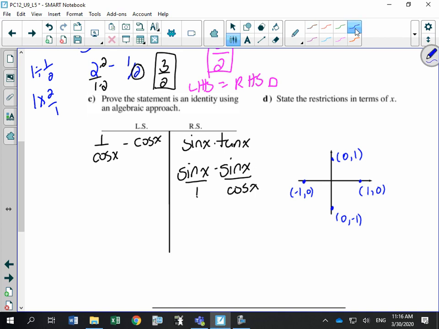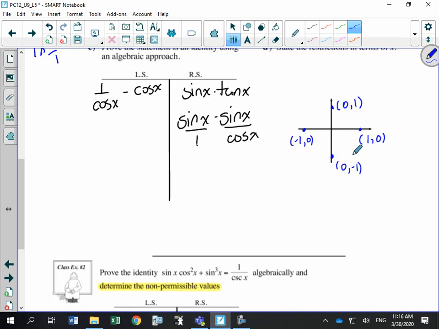Two fractions, write them together as one fraction. So sine of x times sine of x is sine squared of x over cos of x. So when I do my left-hand side, the goal is to either get to this point here, sine of x, tan of x, or I need to get this on the left-hand side.